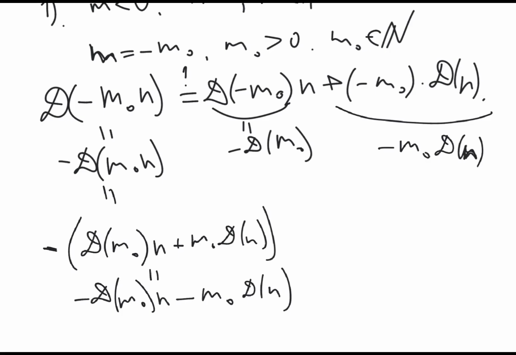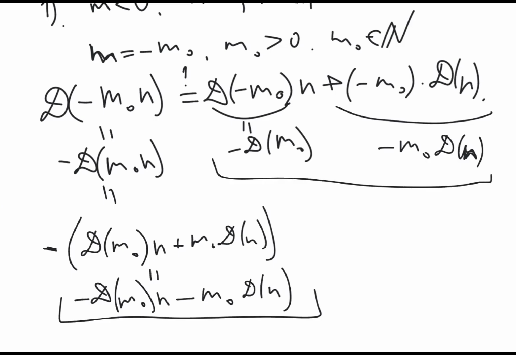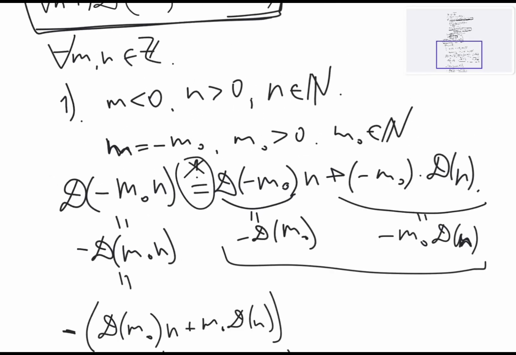So now we have exactly the same expressions here and here. So this equality holds, we can remove the question mark. This case is proven when one of the numbers is negative and the other is positive.